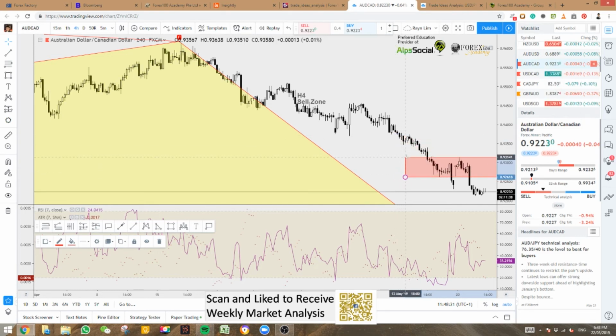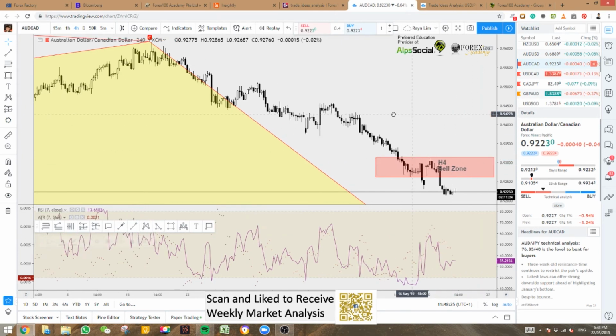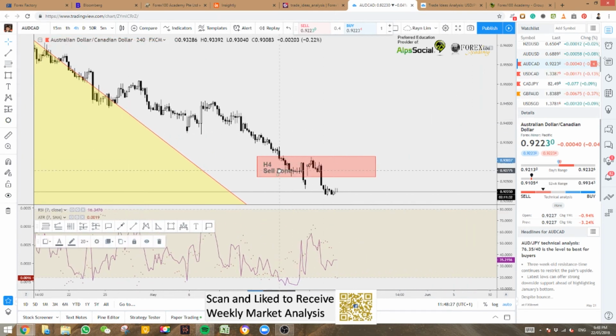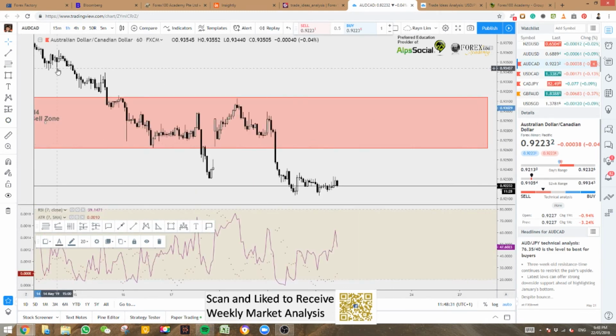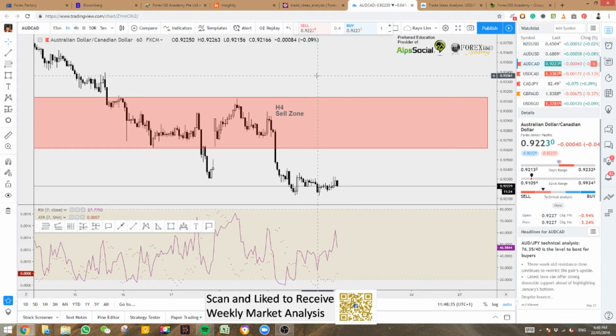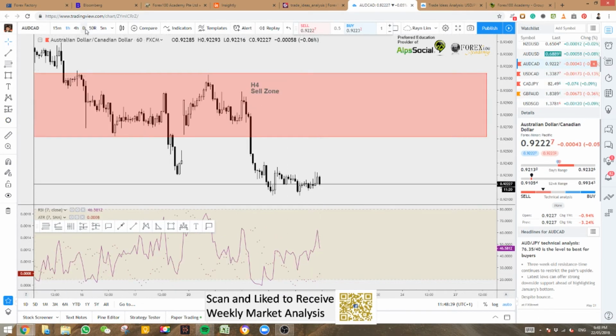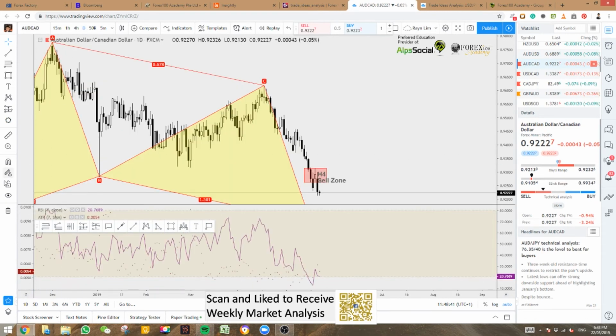The more immediate sell zone will be over here. Looking for a selling opportunity. Not top of my list, but it's still within the rules of my trading. Let's see how this forms up. Back to the daily chart while we move down to the next pair.